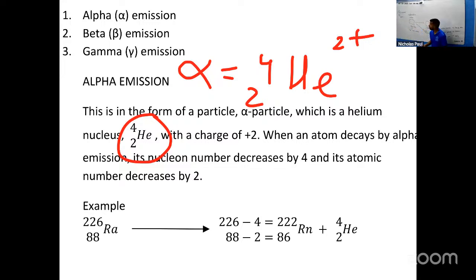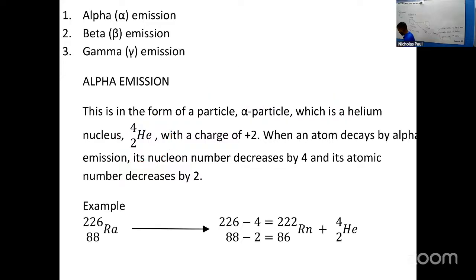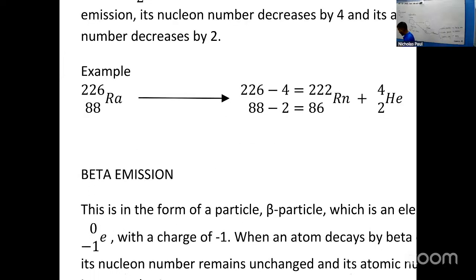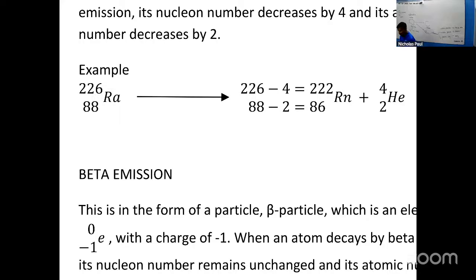All right. Now, what happens when something undergoes alpha decay? If you look here, we have a particle named radium. Look at the mass number of radium.